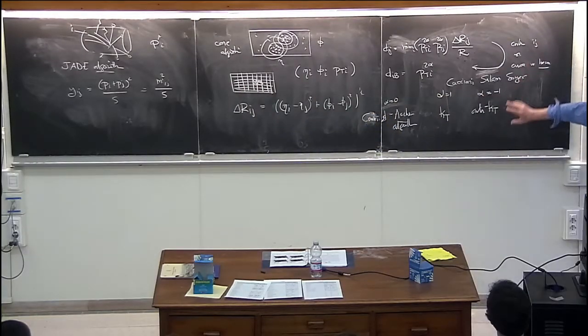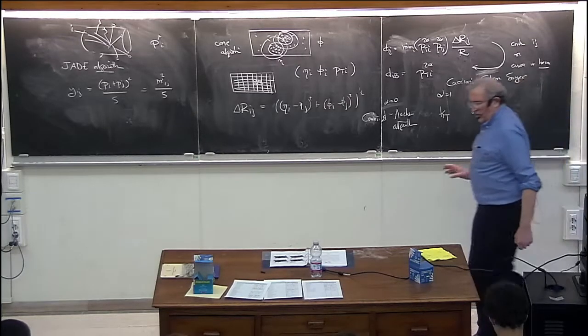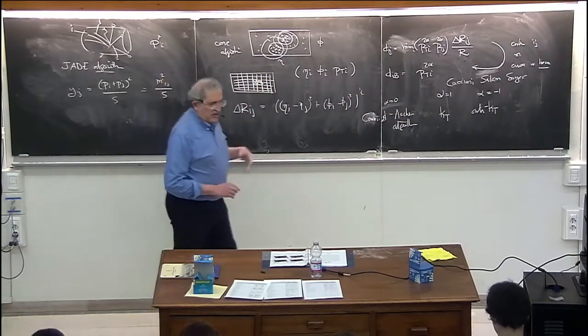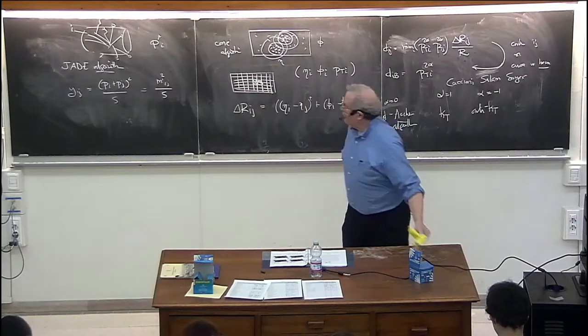In describing these algorithms, I haven't paid much attention to the theory side, but the theory side is actually very important, because ultimately you'd like to have a jet definition that's useful for theorists as well as experimenters.